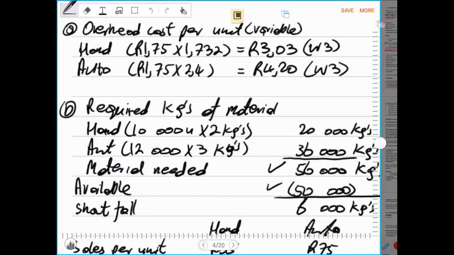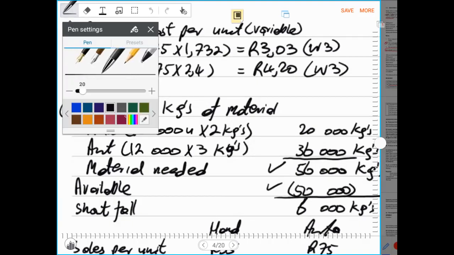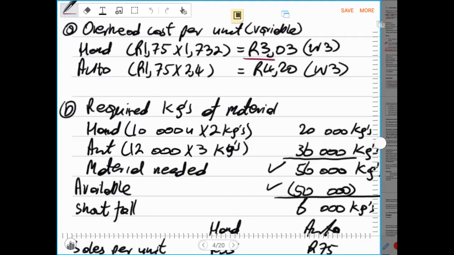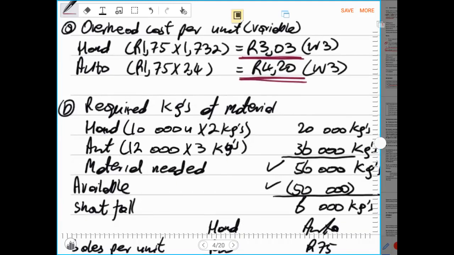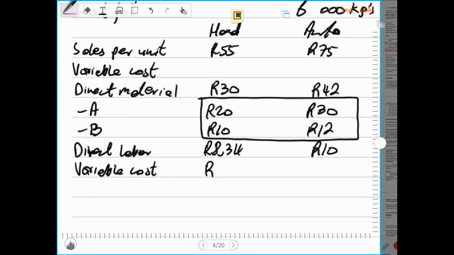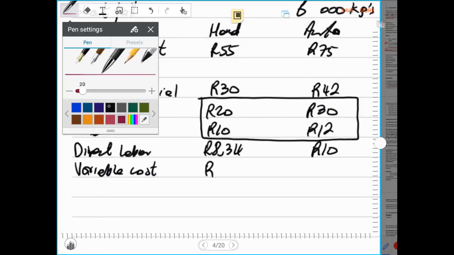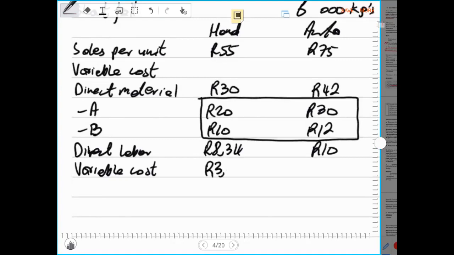Yes, we had the 3 Rand 3 cents under the first requirement. There was variable overhead per unit 3 Rand 3 cents and 4 Rand 20 cents. So that is exactly what we're recording. Then after, there's supposed to be another variable cost, which is selling and distribution.